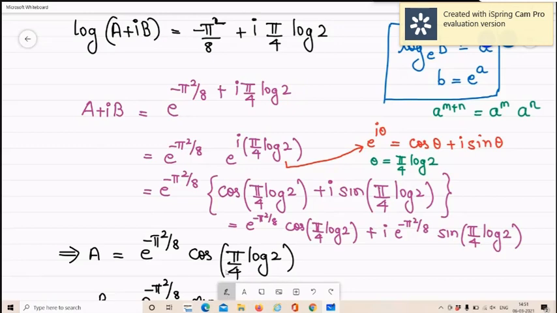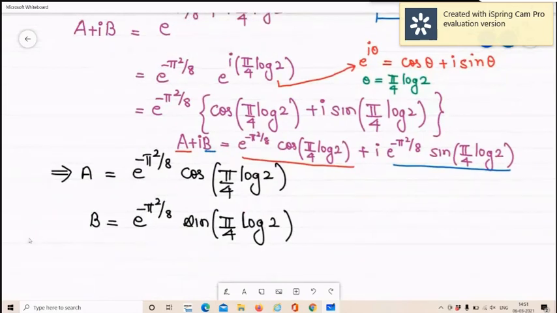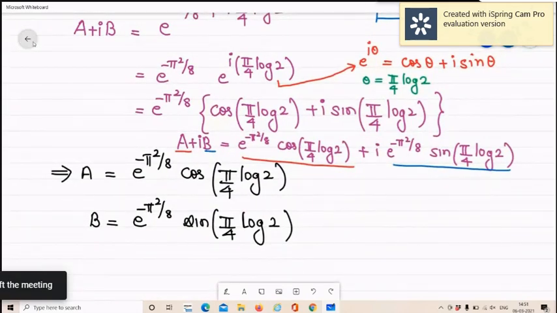So from here, I get a plus ib to be this. So by comparing, a is this real part and b is the imaginary part. Is it understood? Because the next sum is also going to be on the same outline with little difference in the question. Okay, little, not much. So let's see what it is.